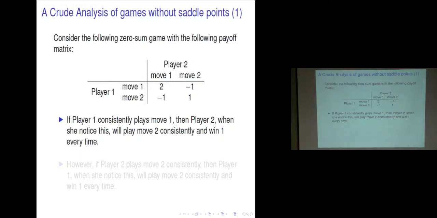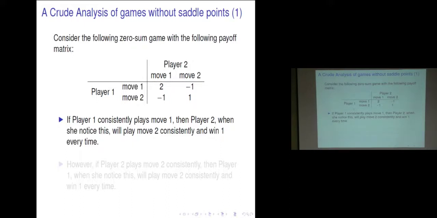This matrix shows the payoff for player one. It is zero-sum, so the payoff for player two is the negative of the value shown here.